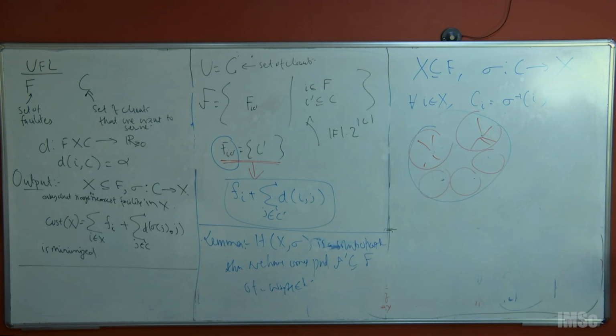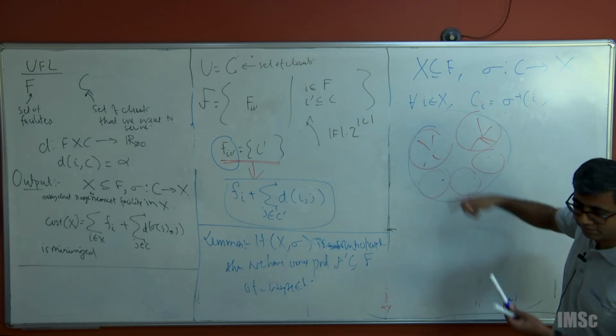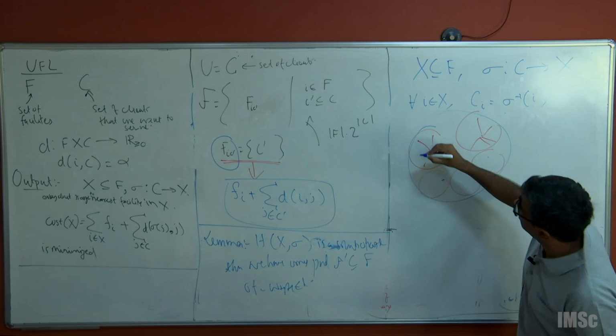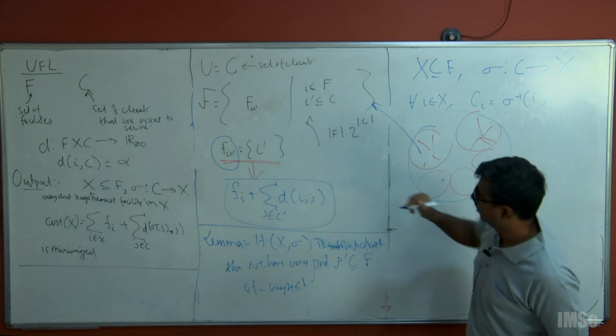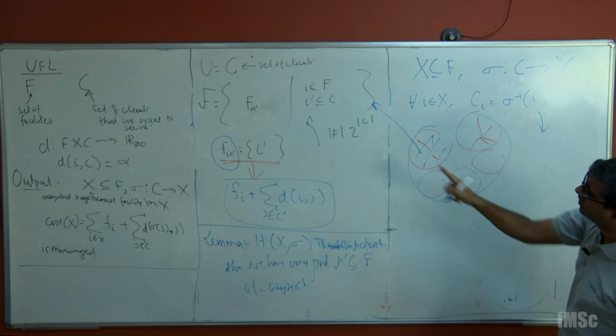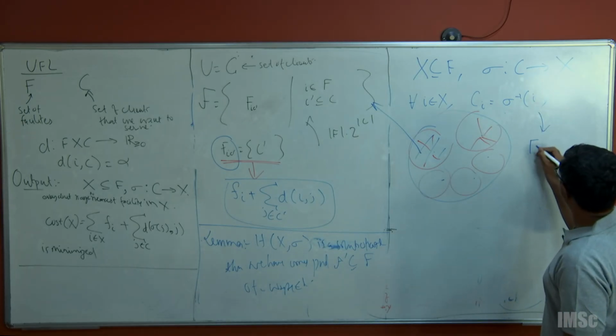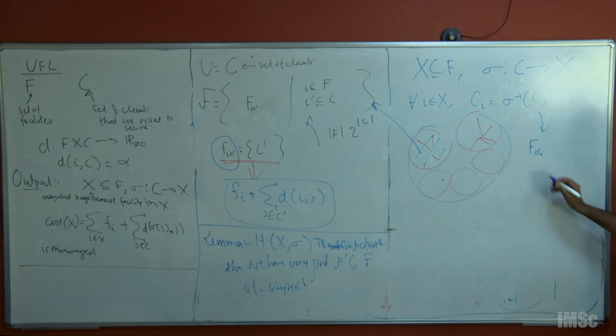So if this is a facility that serves these clients, let me go to the corresponding F_i, see here. So C_i is this. Now what are the sets I will take? I will take F_i C_i in my family.